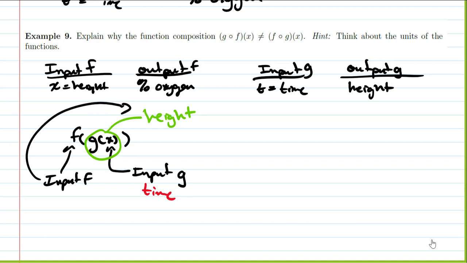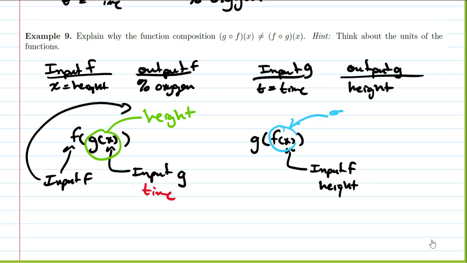But if we were to turn this around the other direction, what is our input for f? Well, the input for f is a height, and our output for f is a percent oxygen. But what does g expect for its input? G wants time.